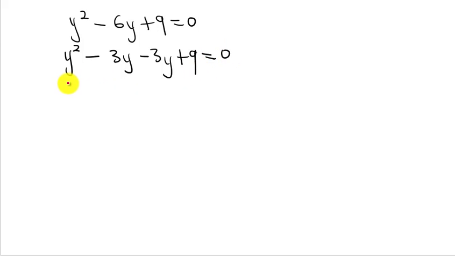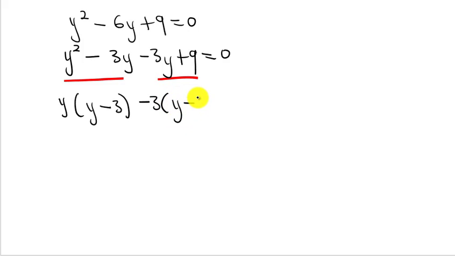We take the first two terms, we factorize, we take the next two terms, we factorize. So we are going to have y, bracket open, y minus 3. Once again, the common number is minus 3, so minus 3 comes out, you have your y minus 3. It's going to be minus 3, not positive 3. Most students would think that this side is going to be positive 3. This is equal to 0.